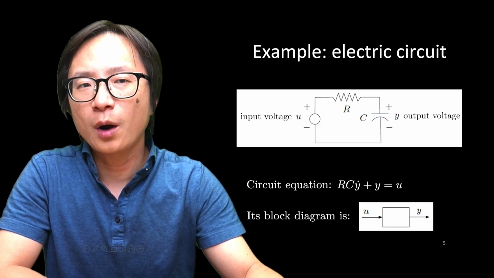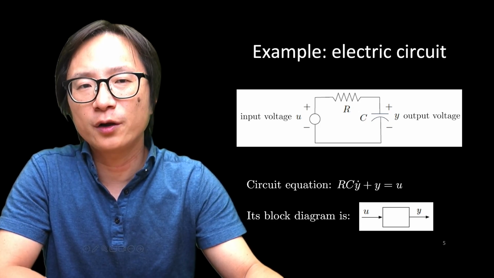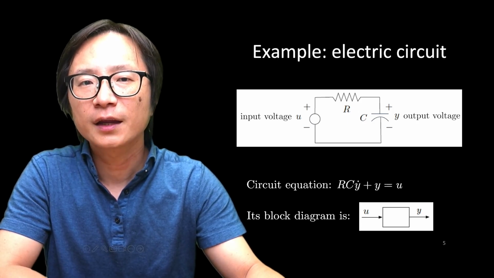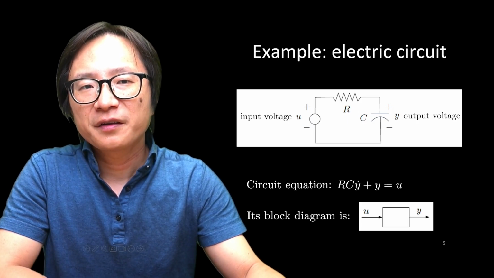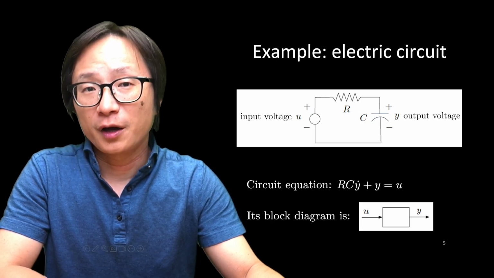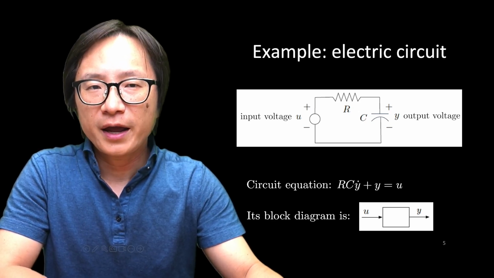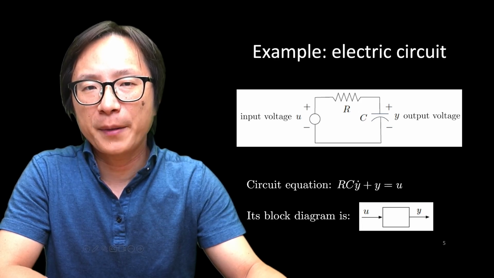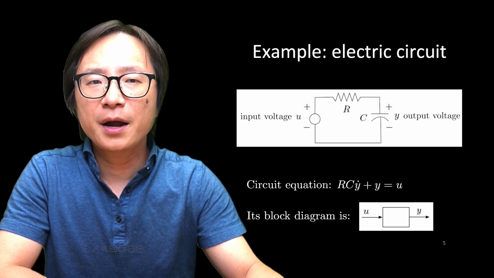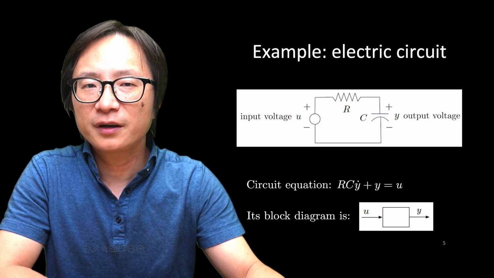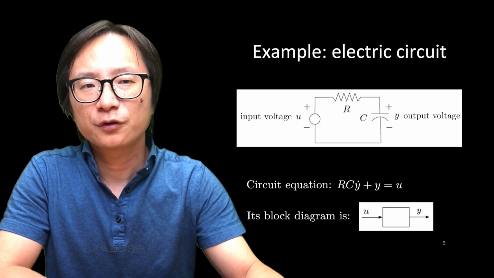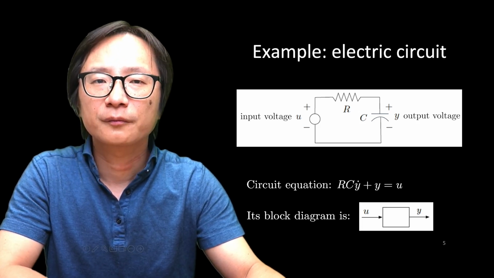So this RC y dot plus y should be equal to U, so the balance of the voltage across the circuit. We can represent this circuit as a system using a block diagram with input U and output Y. The block itself represents the circuit's dynamics. Thus, a block diagram is a graphical representation of a system that transforms input signals to output signals.